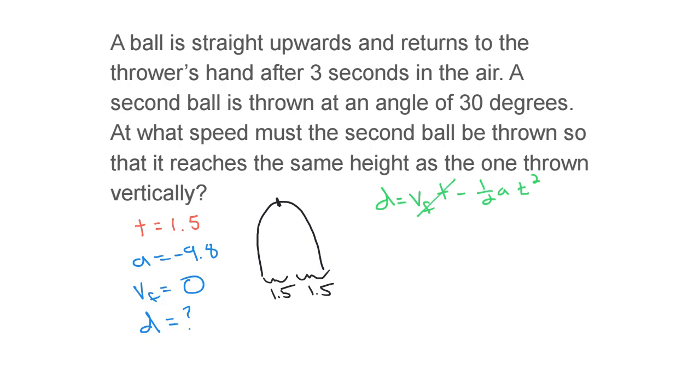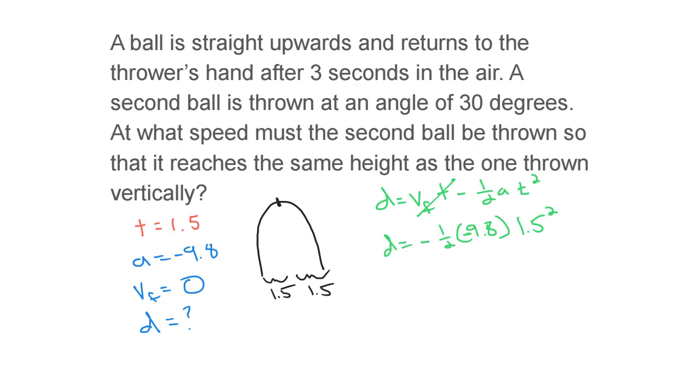Now the final velocity is 0, so that term's going to go away. Distance equals negative 1/2 times 9.8 times 1.5 squared. And oh yeah, negative 9.8, that way the negatives will cancel out.